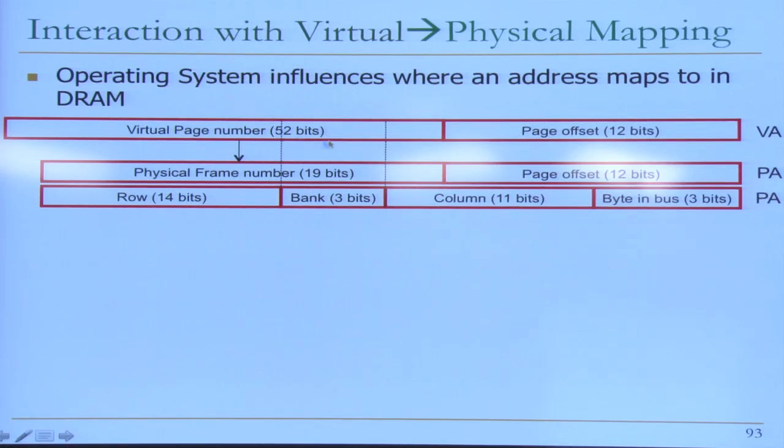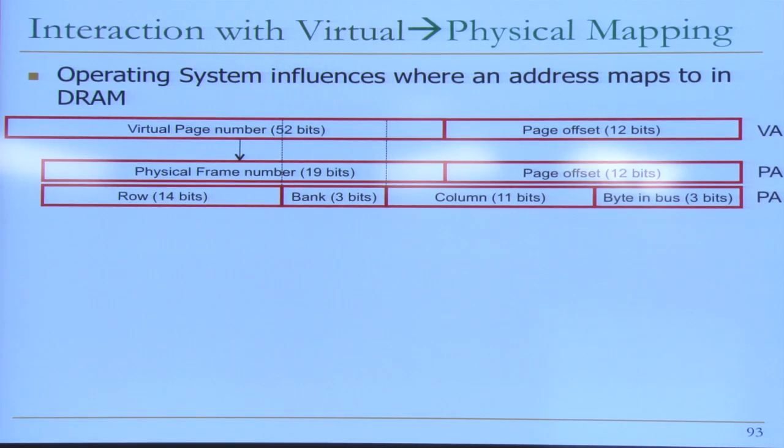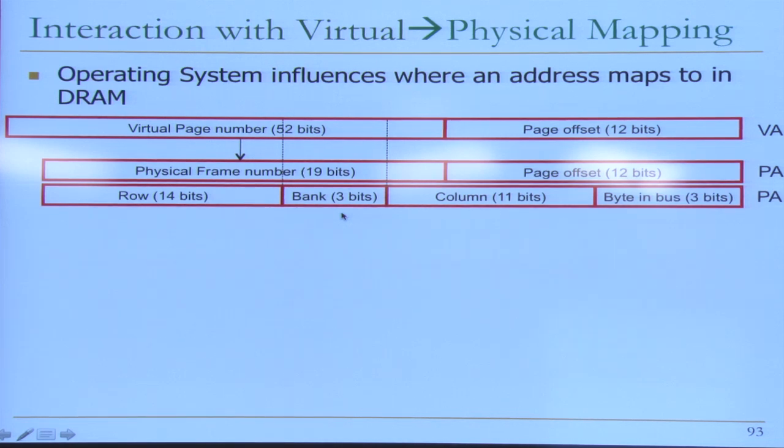So for this application's virtual pages, I'm going to allocate physical frames that have bits that are all zeros in these bits. Make sense? That's the idea of coloring. That way you can partition the banks across applications, or within an application also. You can put data structures that happen to be present in this virtual page to this bank, and other data structures that happen to be concurrently accessed to this other bank.